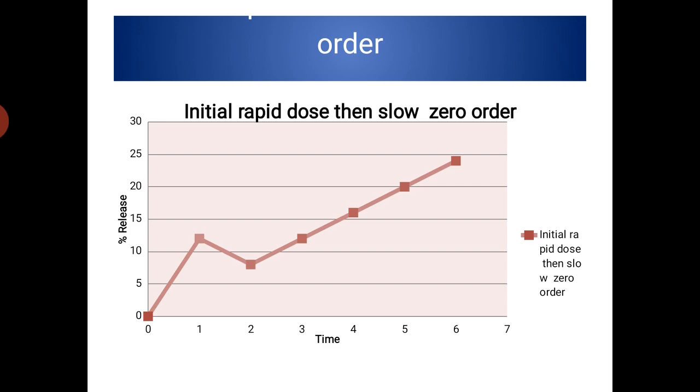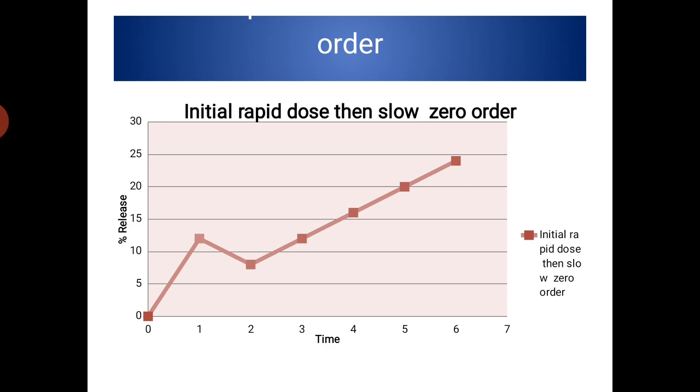But again, does this initial rapid dose then slow zero order process have any drawback? Suppose the controlled release system we have developed is for taking once daily, and it extends up to 24 hours. Once daily we are prescribing this medication. Imagine after the first dose, within 1 hour it gives a burst release.